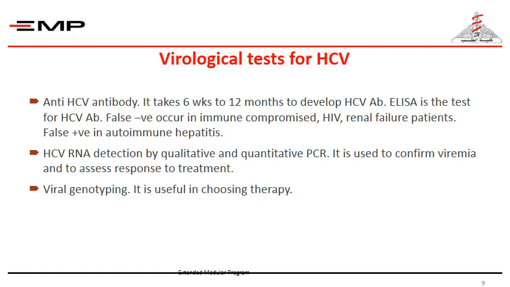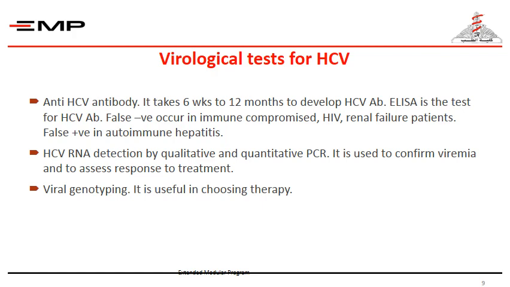There are virological tests for HCV. As we said, anti-hepatitis C virus antibody takes 6 weeks to 12 months to develop. ELISA is the test for HCV antibody. False negative cases occur in immune-compromised patients with HIV and renal failure, while false positive results occur in autoimmune hepatitis.